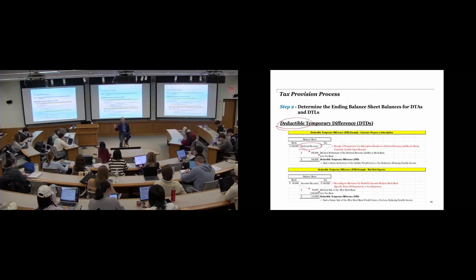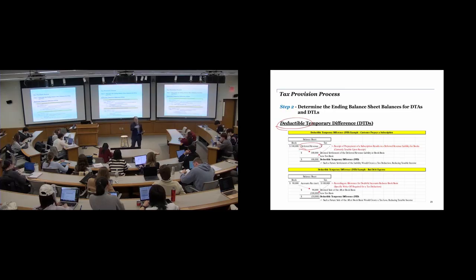I haven't yet provided access, whatever the subscription period is, 12 months, 16 months. So they set up a deferred revenue account on the balance sheet. I'm not recognizing that until earned. For tax purposes, I would likely have a zero basis in that liability, because I've already recognized the income. What were my journal entries for tax purposes?